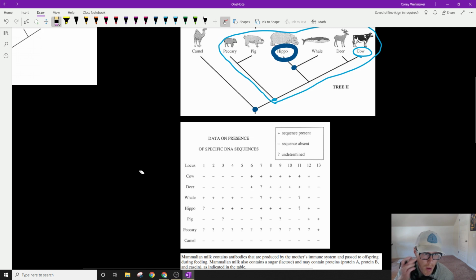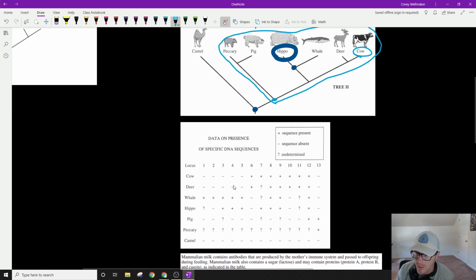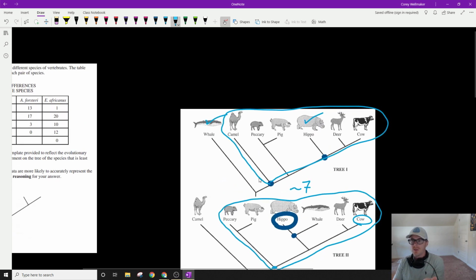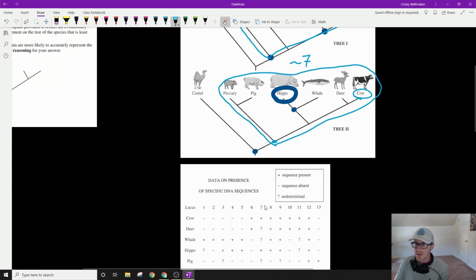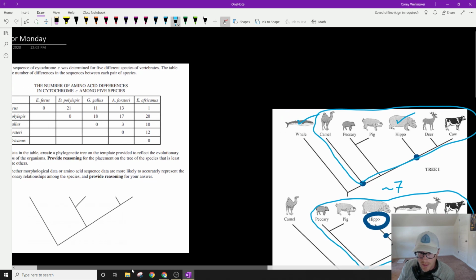Let's see. Well, no, I'm just curious. Well, we can't even use the top cladogram to analyze the data because the top cladogram isn't built based off of the data. So never mind. Okay. Let me know if you have questions about any of those.